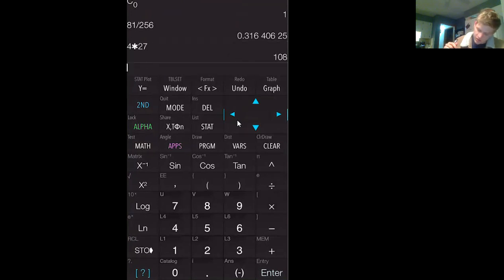Then I'm going to do 4 times 27 for the next one. And then we are going to divide by 256. Next up, we got 6 times 9, which is 54, and then 54 divided by 256.